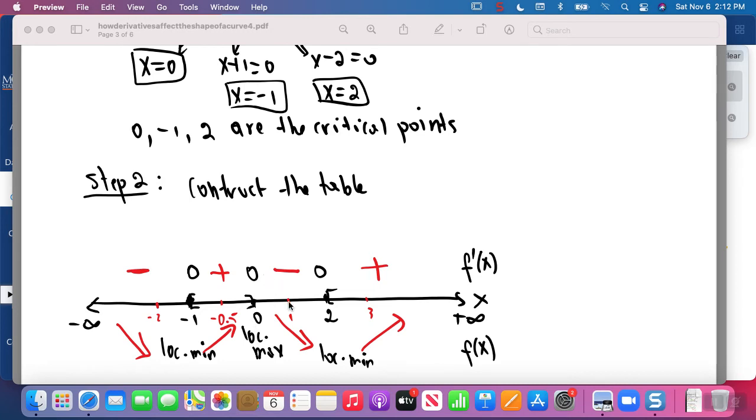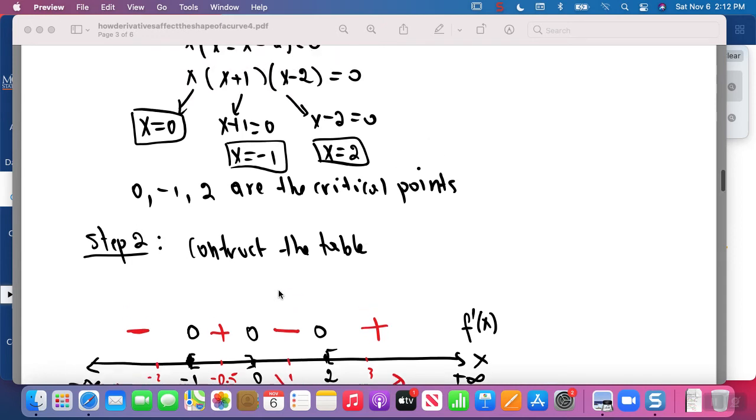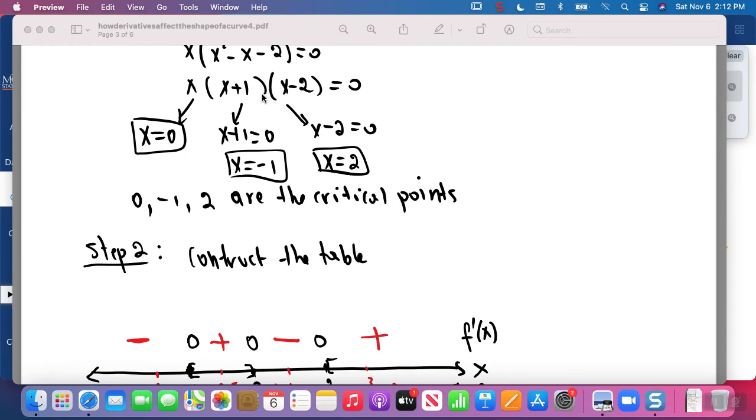And then you go to the third interval, you pick any number between 0 and 2, like x equals 1, into the first derivative function. You're going to get negative, because if you pick 1, you get 2, and then this gives you -1, and that 1, so you get negative.